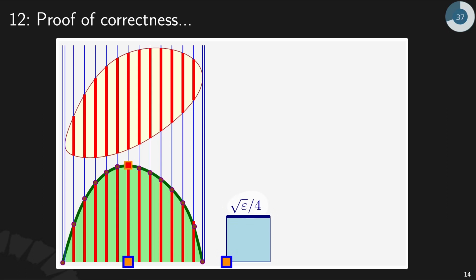So look at the point where this hill function attains its maximum, right?